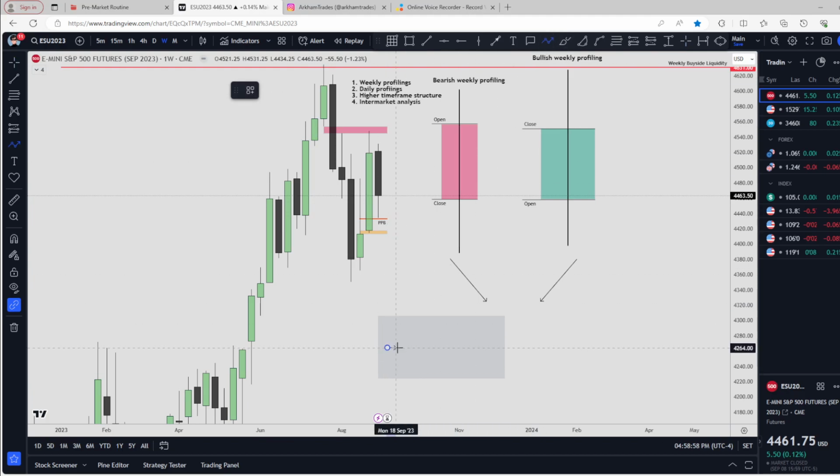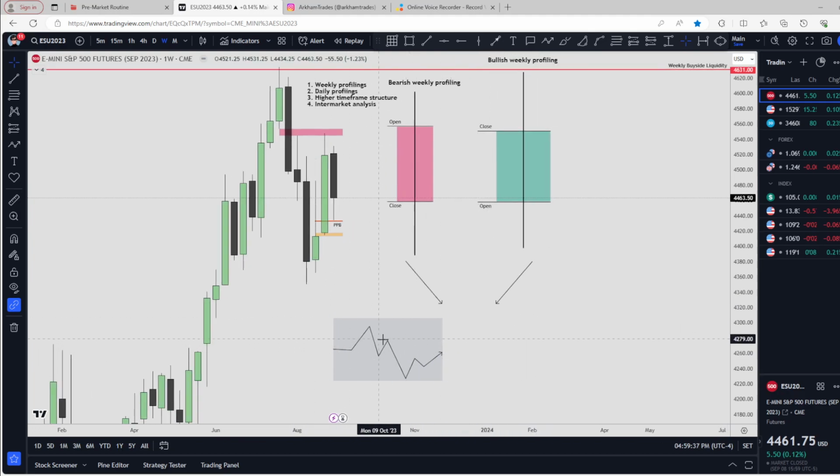We open up right here, went higher, created this high, dropped, came back, dropped, came higher, and then ended up back right here. This is a bearish week.